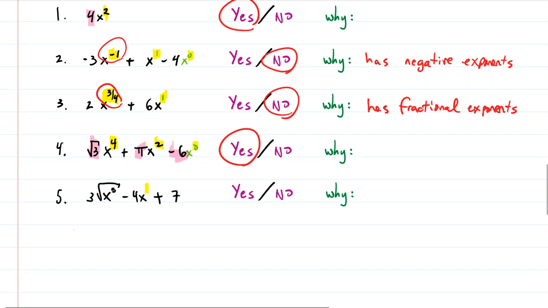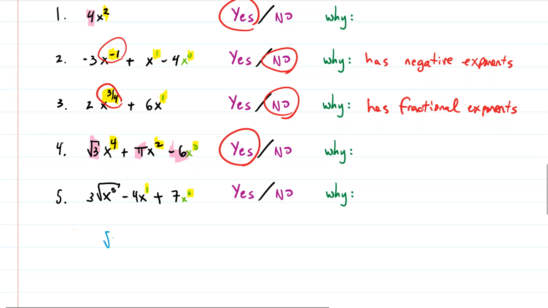We have an exponent here of 1. And over here, we'll write in the other assumed things. We have a 0 there. It's hard to tell what the exponent is on this radical x to the 5. Let's rewrite this so we can kind of understand what we have there.